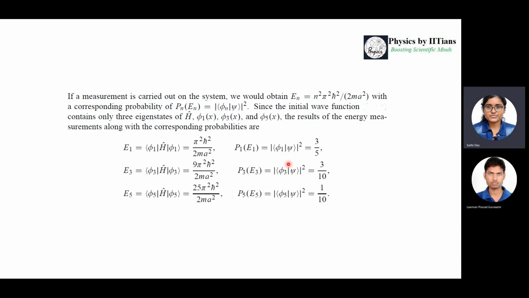It is like taking the mod square value of that particular state over the entire wave, and that gives the probability of that energy state being occupied. It is very important to understand why we are doing this operation: to find the probability of a particular energy being occupied by that level.